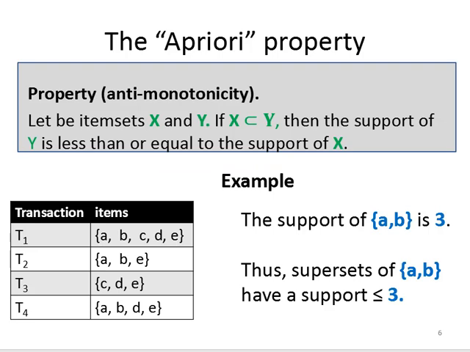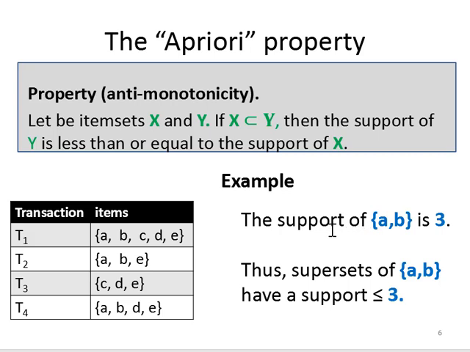So let me explain how these algorithms work. All of them are based on a special property of the support or frequency that we call the Apriori property. It says that if you have two sets of items, X and Y, and X is a subset of Y, then the support of Y must be less than or equal to the support of X. Let me explain this with an example, because maybe it's not so clear.